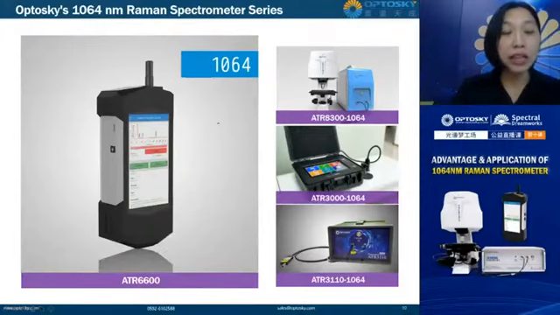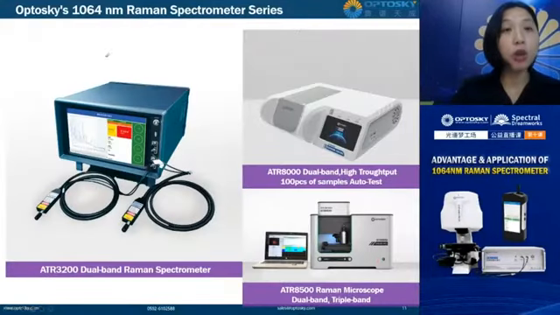It is one of only three 1064 handheld Raman spectrometers in the world, but they are still not the most advanced model. We also have the ATR 8300 1064, the ATR 3000 1064, and the ATR 3110 1064 for lab scientific use.